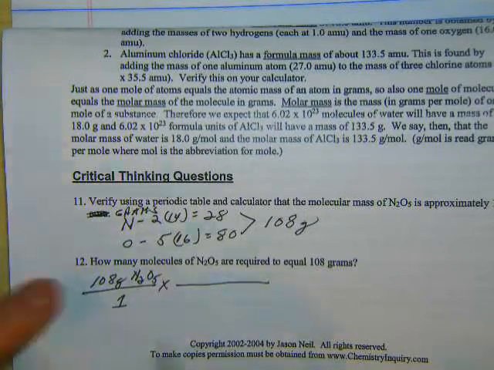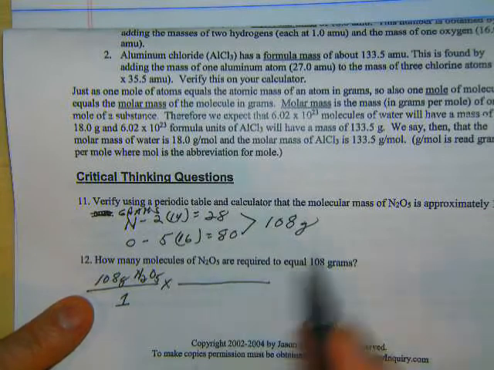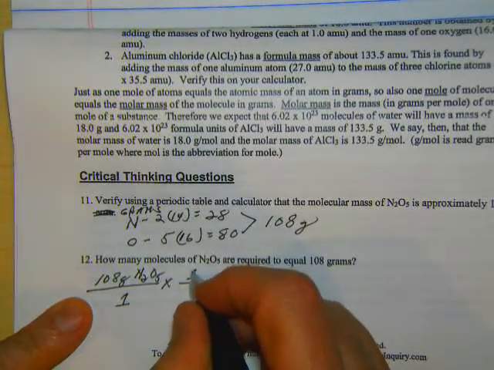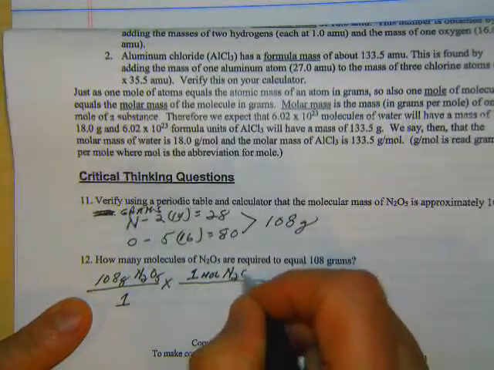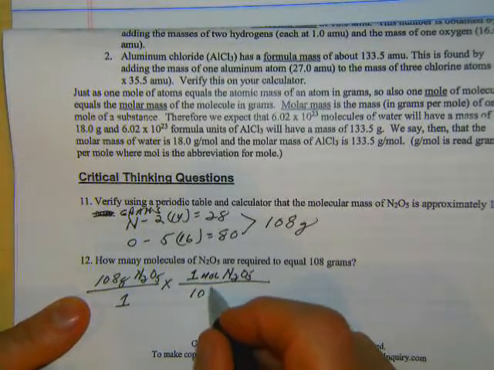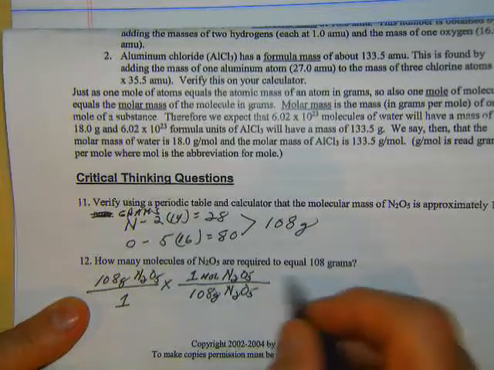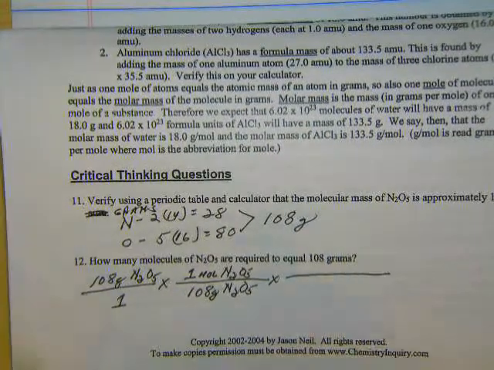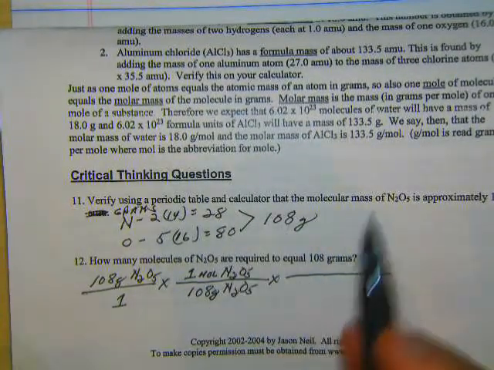So we need to find the molecular mass of N2O5. So we want to know how many moles of N2O5 are in 108 grams of N2O5. Then from there, we want to know how many molecules. Well, we already know it's 108 because we got that from the previous problem.